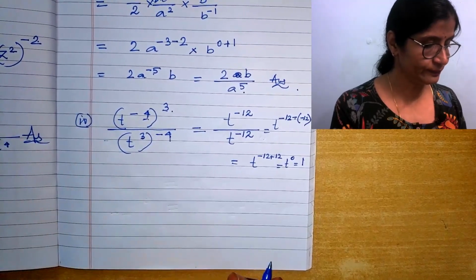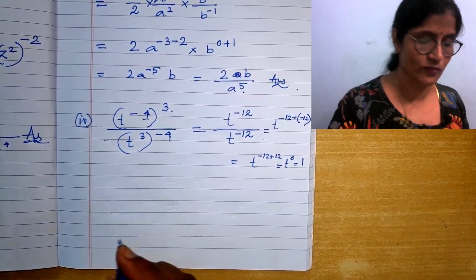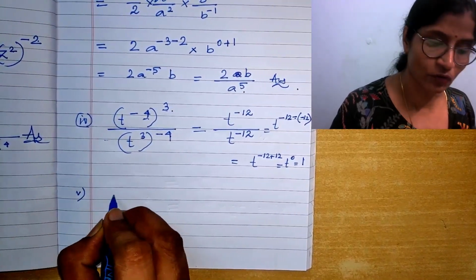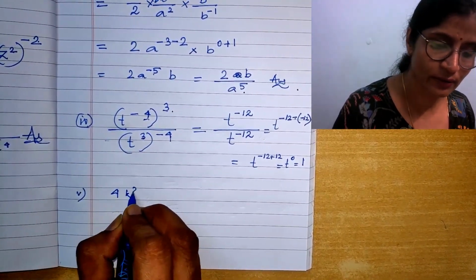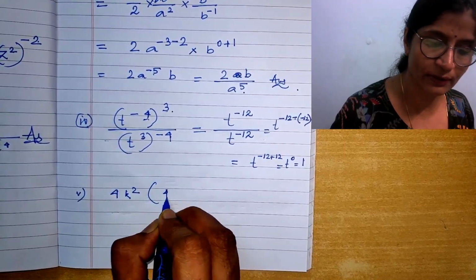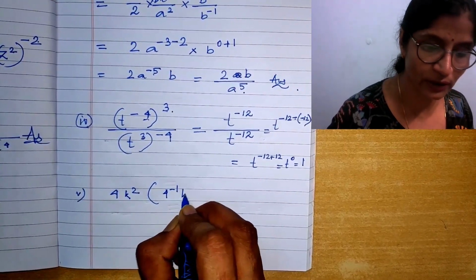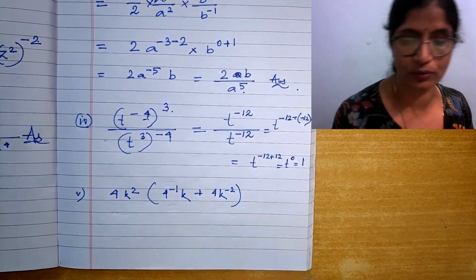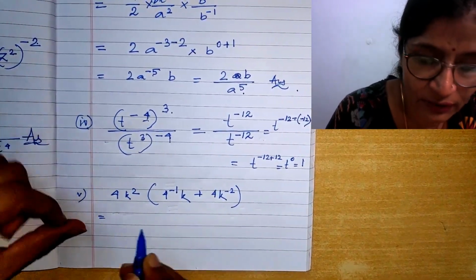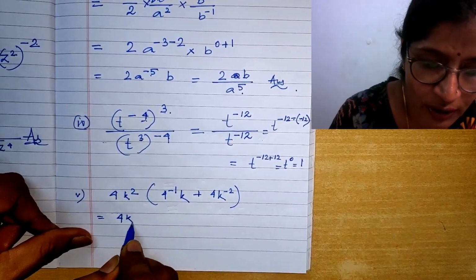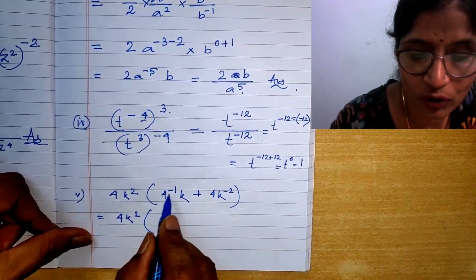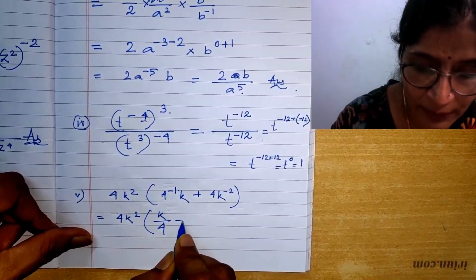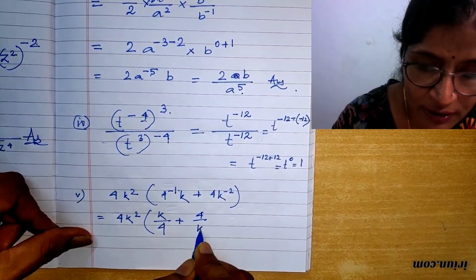Next sum, this one, fifth one, (4k square) whole to the power 4 to the power minus 1, k plus 4k to the power minus 2. Okay, that is equal to what? 4k square into 4 to the power minus 1 is k by 4 plus 4 divided by k square.